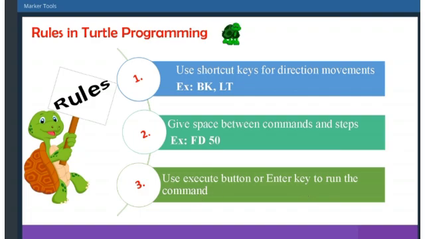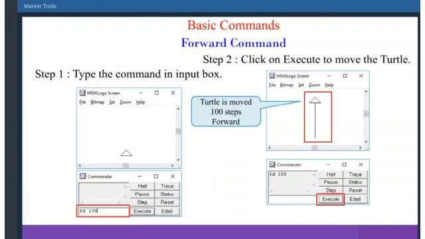Now, these are the basic commands we have already learnt. Let's see on the screen. Step 1: type the command in the input box. So this is the input box. We should type the command for forward, FD 100.